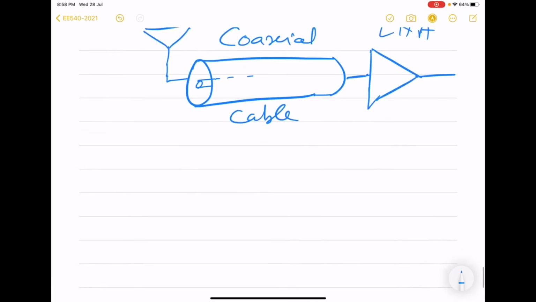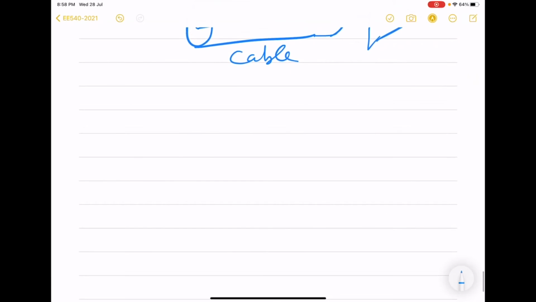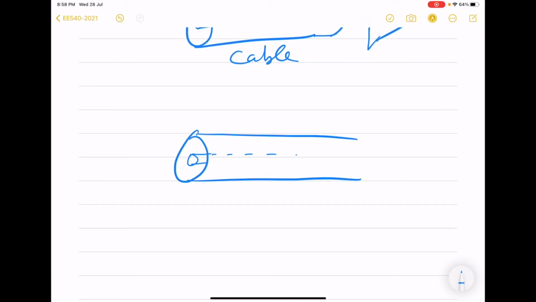So let us see this coaxial cable in a little bit more detail. So it has two concentric cylinders, cylindrical conductors.